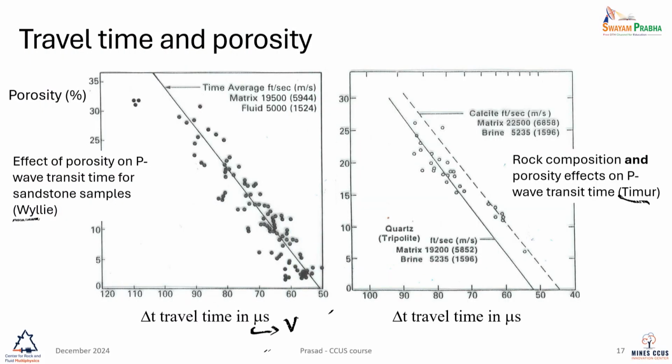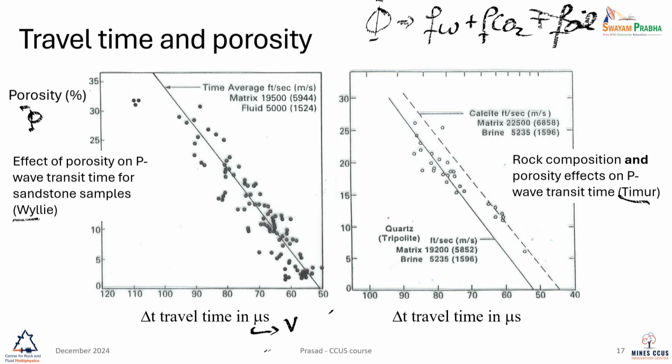So you have travel time. This is my seismic information. So this is velocity, right? Travel time. This is my porosity. But my porosity has fraction of water plus fraction of carbon dioxide plus fraction of, let's say, oil.